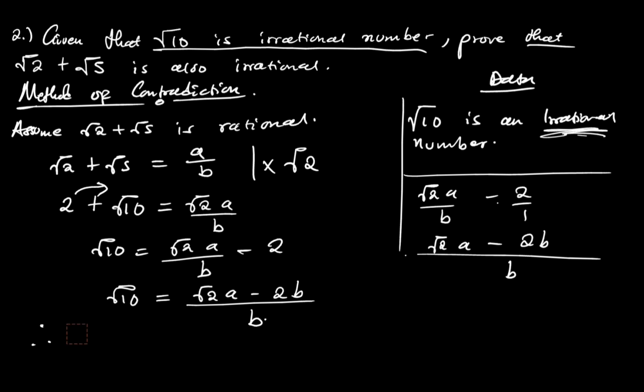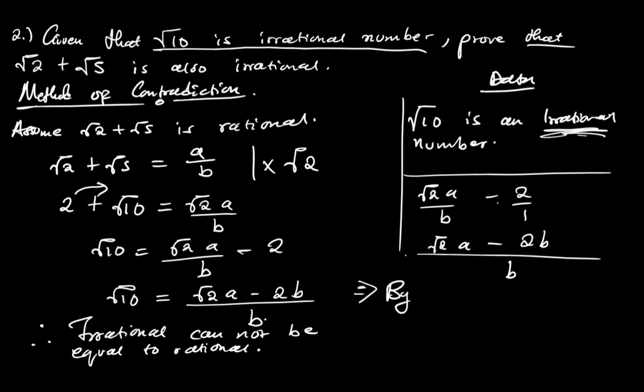In fact, since it's root 10 being equal to irrational, I can say irrational cannot be equal to rational. And as usual, we give a superior statement: by the method of contradiction.